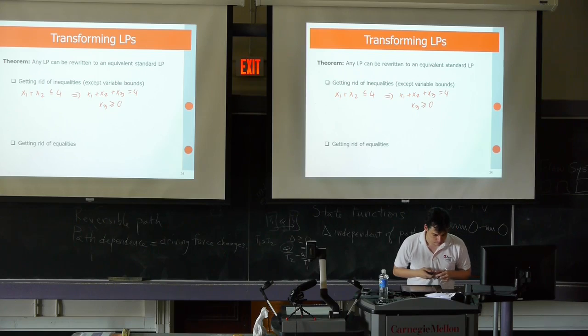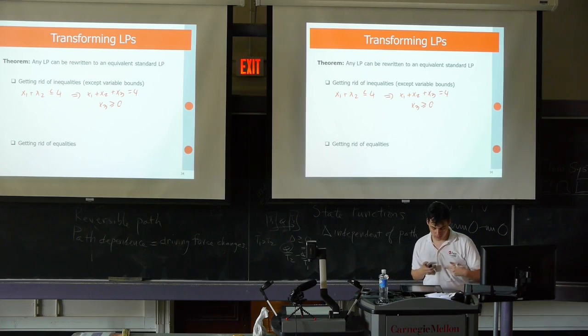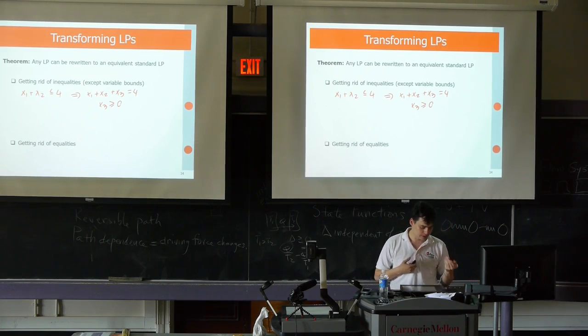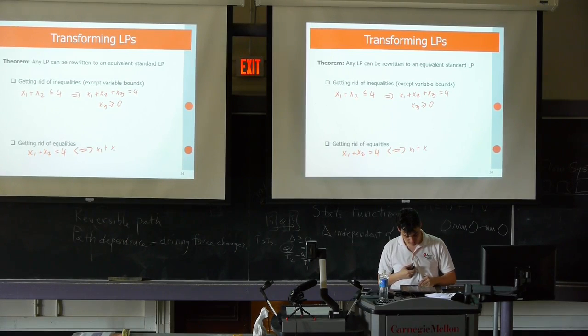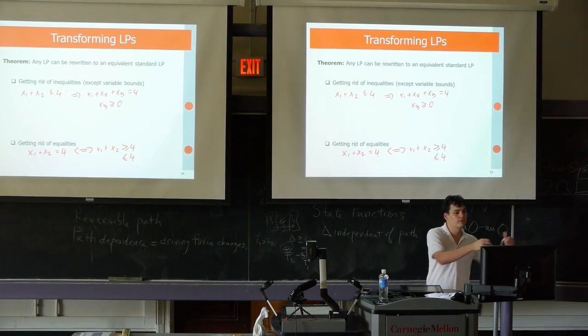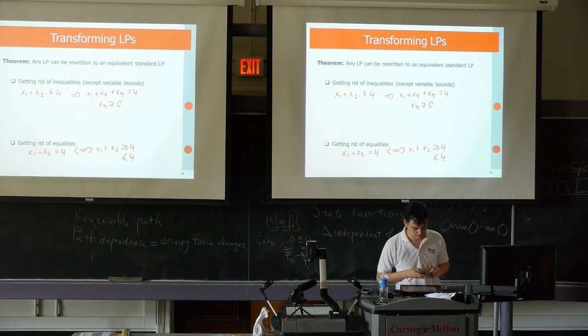By the way, you can do the opposite too. If you have an equation, then it's equivalent to x1 plus x2 being not smaller than 4 and not bigger than 4. So you could rewrite equations in inequality form.